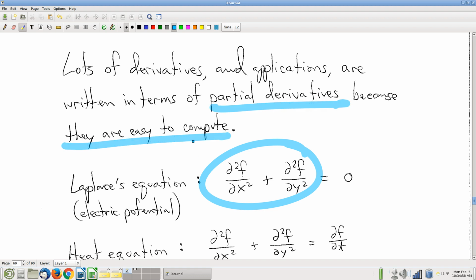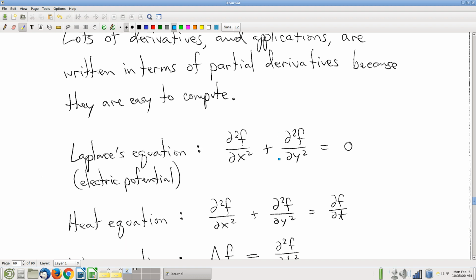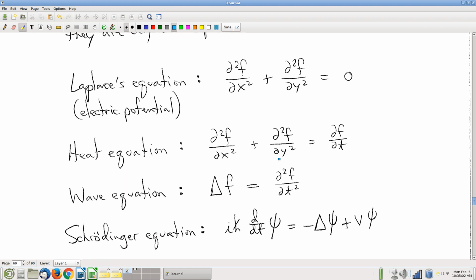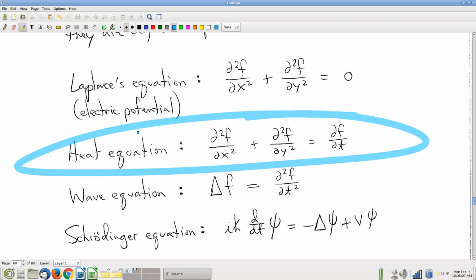Lots of equations that you're going to see in physics and engineering classes are written in terms of partial derivatives. So the heat equation describes how heat moves around. If you have a hot object and you put it into contact with a large object, the heat from this hot object is going to flow.